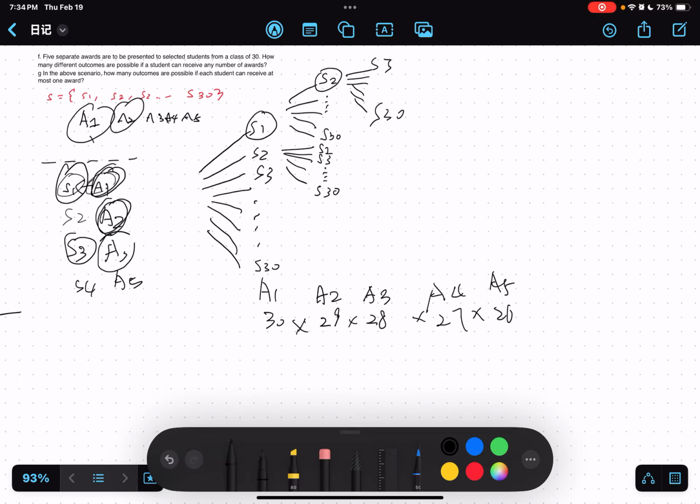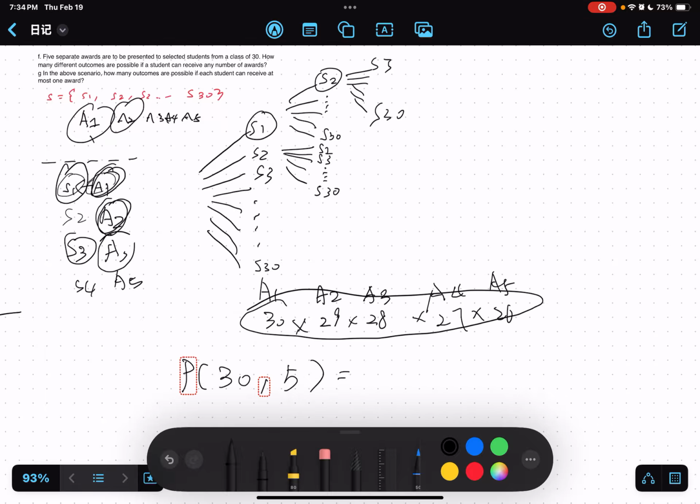So we should use permutation, where n equals 30. We have 30 people, and we need 5 steps to choose 5 awards among the 30 people. And it is similar to this equation, which is 30 factorial divided by 25 factorial. So that's it.